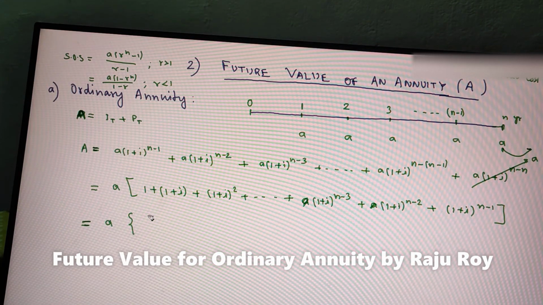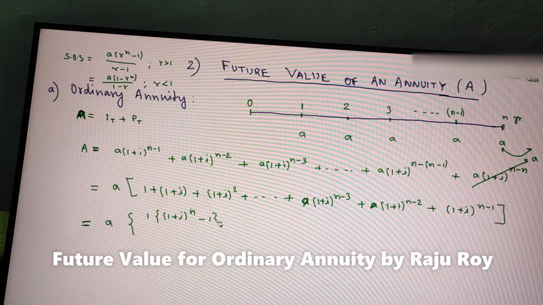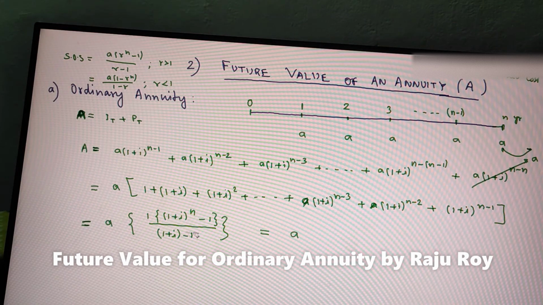So a is 1 inside the bracket, and r is nothing but 1 plus i, raised to the power of the number of terms, n, minus 1, divided by r minus 1. So r minus 1 is 1 plus i minus 1. Okay, so the 1 will get cancelled, and I get A by i times the bracket (1 plus i) raised to the power n minus 1.